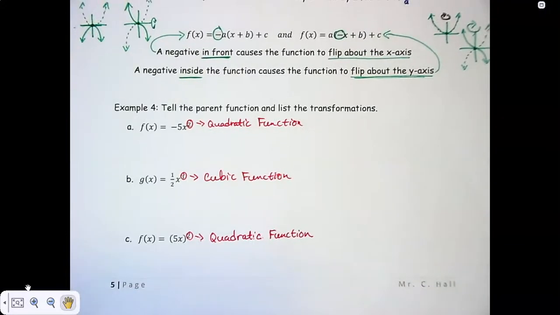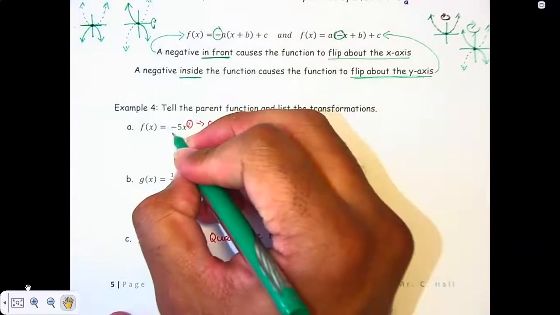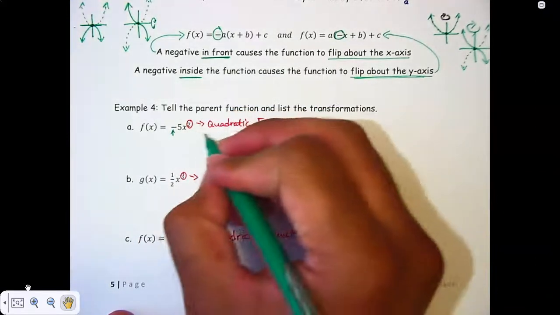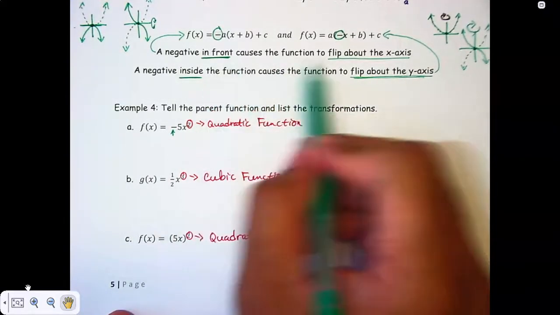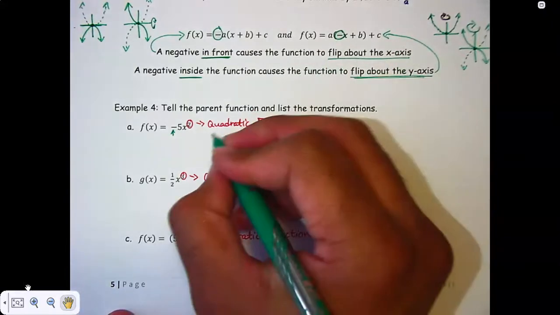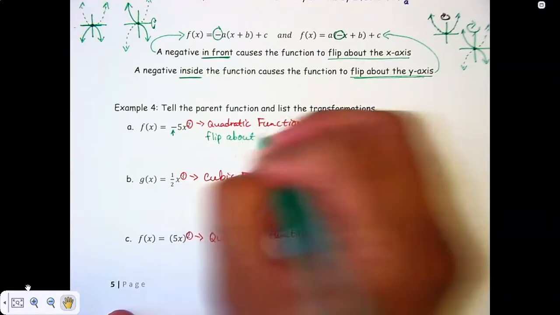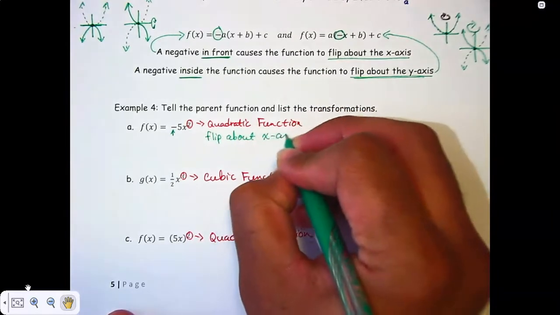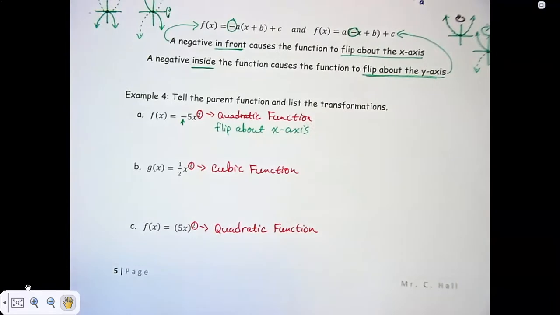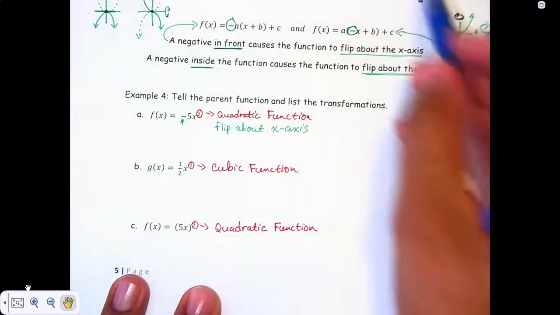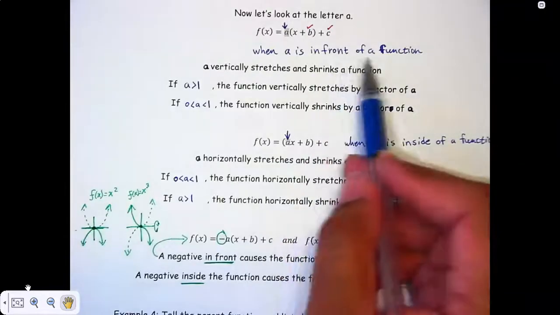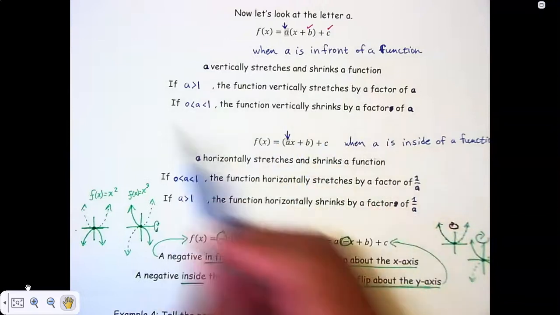All right, so we have those 3. With this again, the negative here is in front. So since it's in front, that means we're dealing with flipping about the x-axis. Then we take a look at the number. As you can see, the number is in front of the function. So that means we're dealing with these.